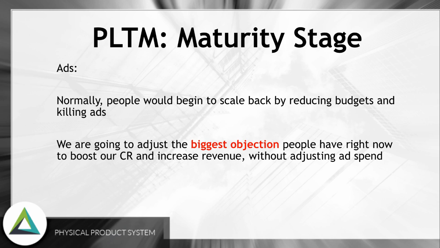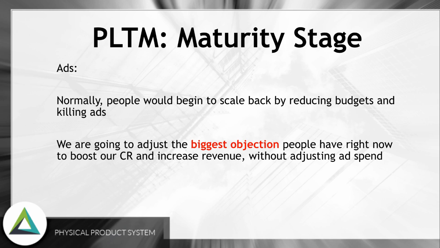But now that we have more control in what we are selling as our lead item, we also have control of the biggest objection people have, that if we handle that, if we adjust that, we can boost our conversion rate, increase our revenue and our profit without adjusting the ad spend at this point. Now, it's important to note that sometimes, very few, this may not work, and then you need to scale back.